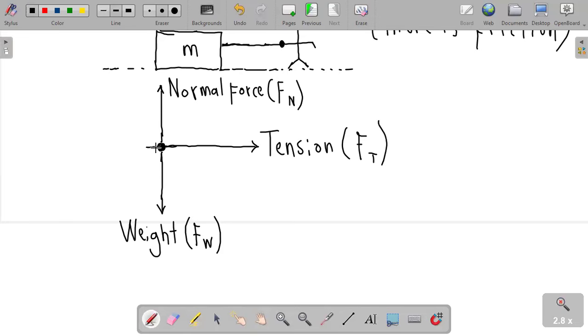And then we have the friction. It's in the opposite direction to the tension, because the tension is the one that causes the movement in this case. So to the left, you have friction. Or you can use a symbol here. It's a capital letter and a small letter.